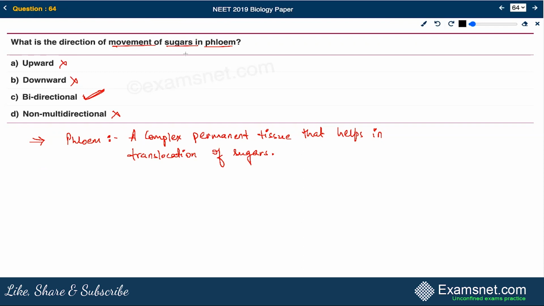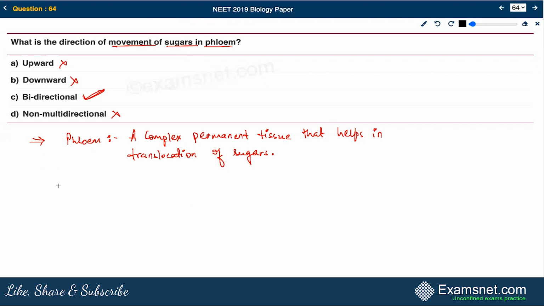In some plants, the source will be the leaves and stems, and the sink will be the roots. But in plants where modified stems or modified roots are found, the roots basically store food. So there the roots act as the source, and the sink is a different part of the plant body. So this depends upon the kind of source and sink relationship, which is variable in the plant body.